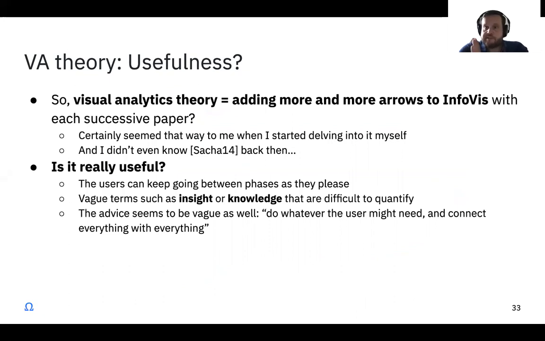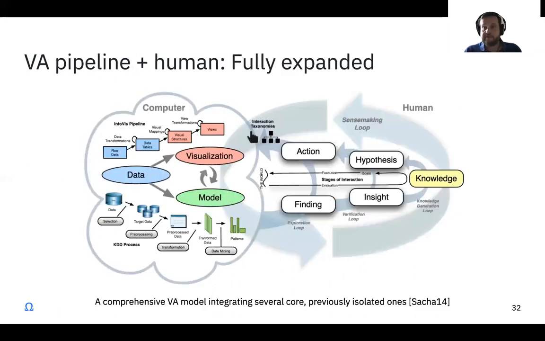I don't know about you, but this was definitely my way of looking at things when I started delving into visual analytics myself, which is a while ago, and I had this conclusion about all this even without knowing the final fully expanded pipeline. This came into existence after I started my visual analytics journey.